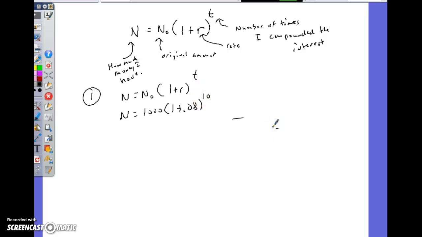Nice. So now I go ahead and try this out. I go, well, 1.08 to the 10th power. Now I've got to do it in the right order, right? We know from order of operations I've got to do this first. So I do 1.08 to the 10th power, and I get 2.1589, etc. Multiply by 1,000, and I get that the amount of money I would have after 10 years is $2,158.92.